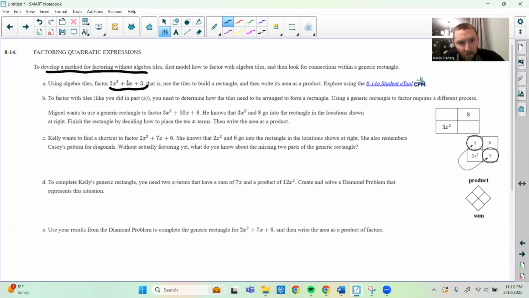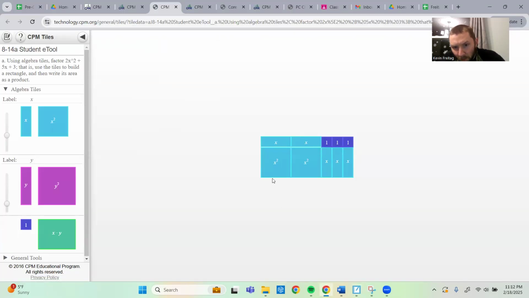Okay, so if I take this idea and go back to this problem, we're asked to write this expression as a product of dimensions. If I click back across the bottom here, there's 1 x squared, another x squared. So across the bottom, the dimension is x and another x, and then 1, 2, 3. So across the bottom it's 2x and 3, and up the side it's an x from the x squared tile and a single from that x, so it's x and 1.